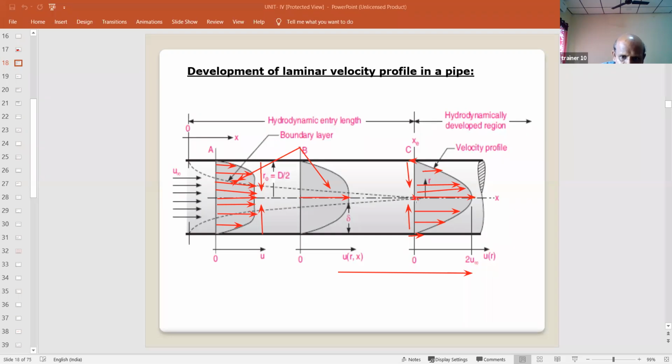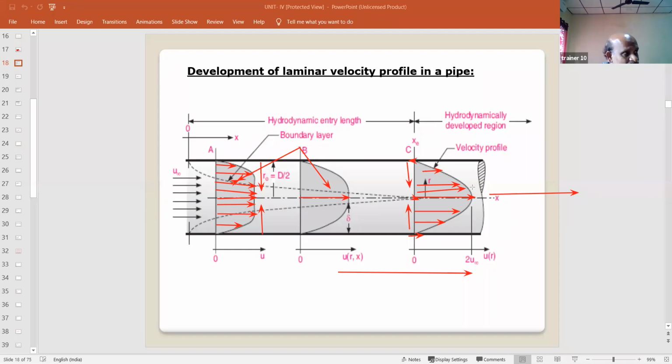At that point only the developed velocity profile starts. After that, if you go in this direction in the pipeline, that means if L increases, then we don't have any boundary layer effect. That means up to here only we have the boundary layer effect because the flow increases.